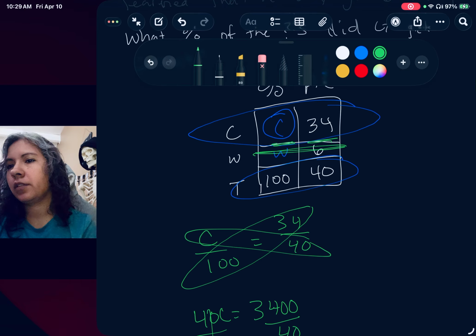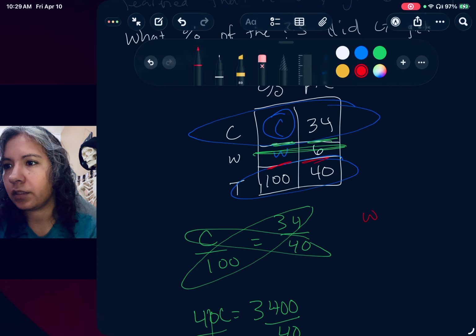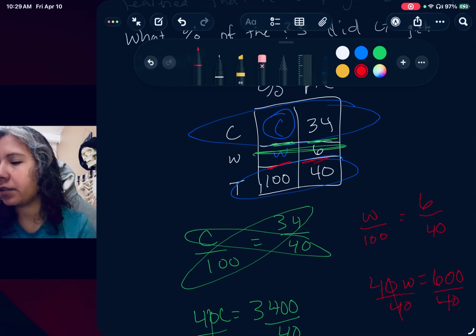Alright, if we wanted to know the percent of incorrect, we would have done our ratio lines here and did wrong over 100 equals 6 over 40. I'm just going to go ahead and do it. 40W equals 600, divide by 40 to get W by itself, right?